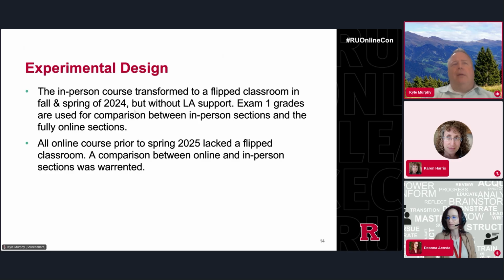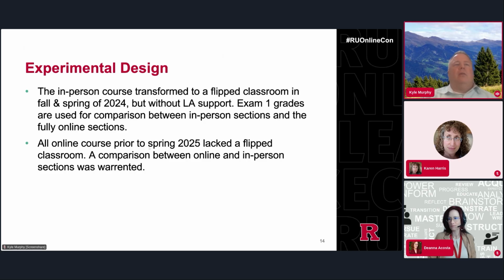Because we are comparing to our current cohort, I can't compare total course grade because I don't have a total course grade yet for this spring. Unfortunately, I don't even have an exam 2 grade yet. Their exam falls after Rutgers spring break, which is currently this week. And so I analyzed exam 1 grades to be used for comparison across these 3 different semesters.